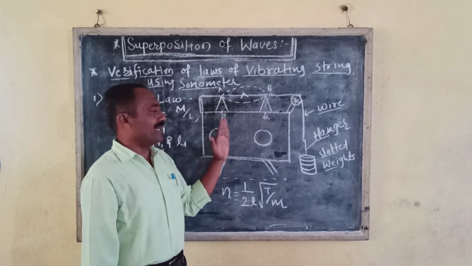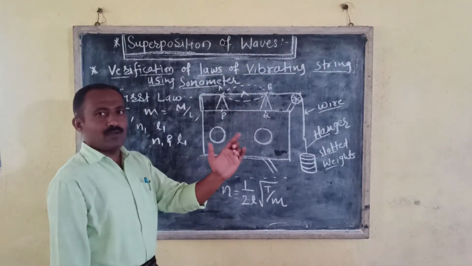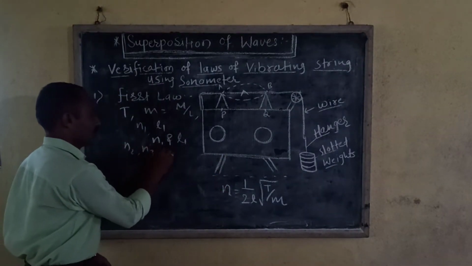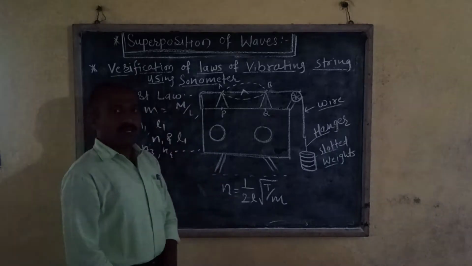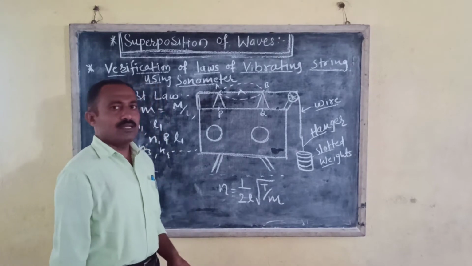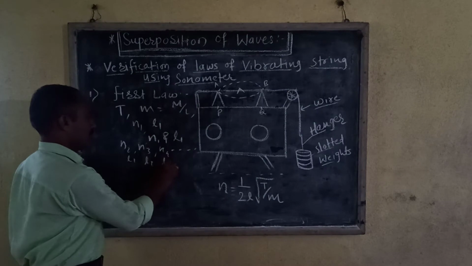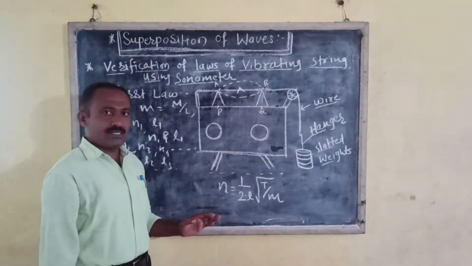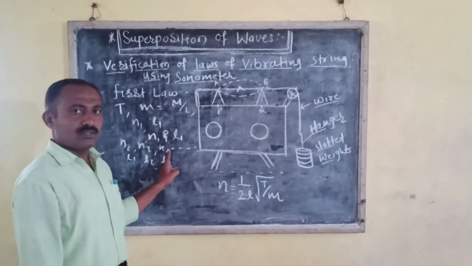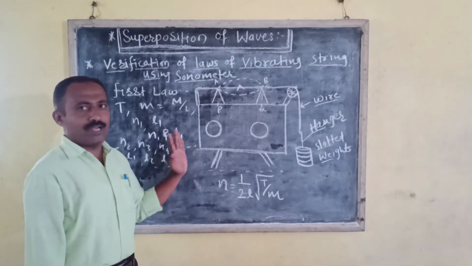Later on we take a set of tuning forks having different frequencies N2, N3, N4 and so on, and the corresponding vibrating lengths are measured as L2, L3, L4 and so on.